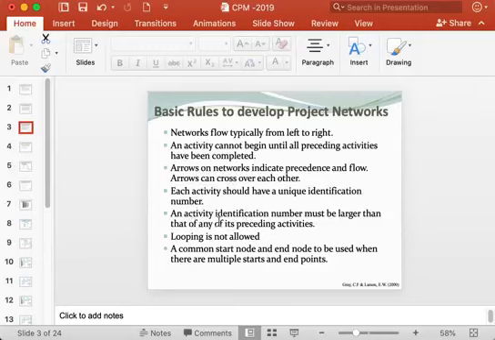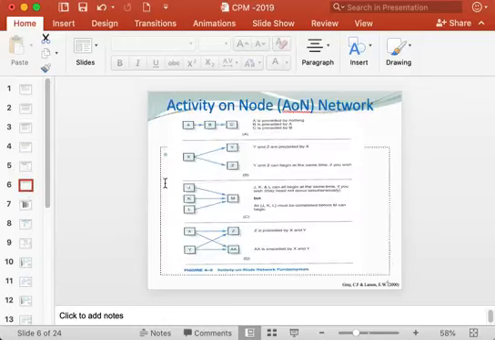Then an activity identification number must be larger than that of its preceding activities. So again, you can use this example. There are two activities here, which are happening after this activity here.